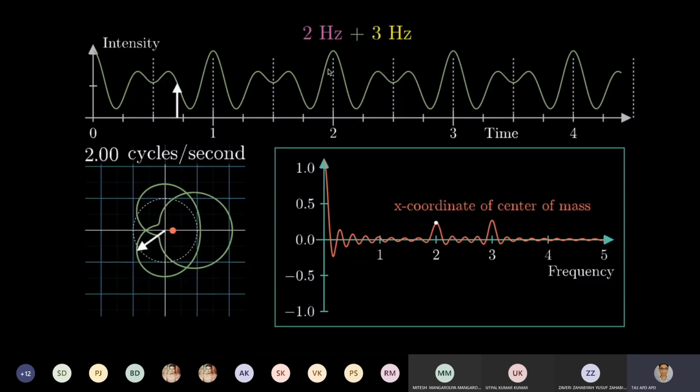Like in this case, 2 hertz and 3 hertz. So that is how one can decompose these signals. Okay, so next we will move on to how mathematically this has to do with the exponential, e to the power i times w times x, the power that we had chosen. So that we will see next.